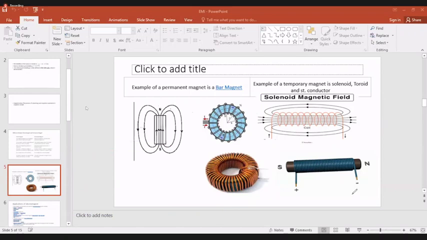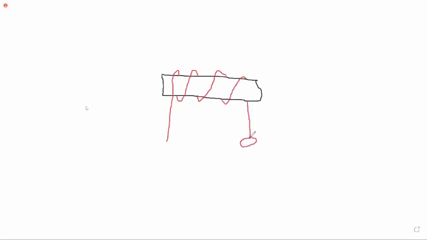Only thing is that, if I draw the diagram of a solenoid, it is a rectangular piece. Then the winding is wound on this rectangular piece like this. And see here, terminal 1 of the coil and terminal 2 of the coil.